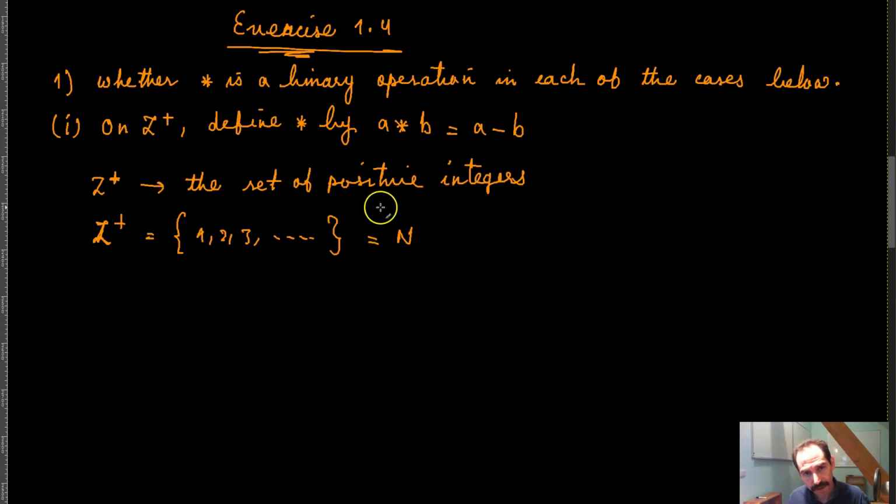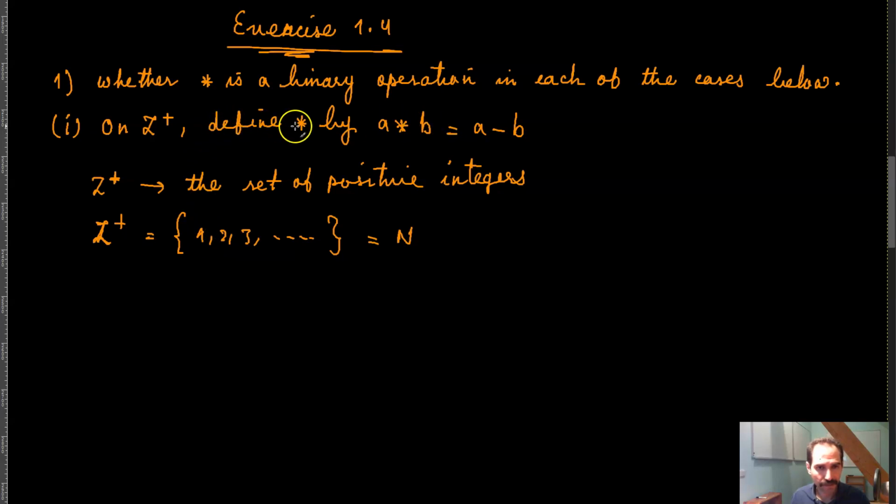which is of course not a binary operation, because suppose that I take, for example, 2 elements from here.